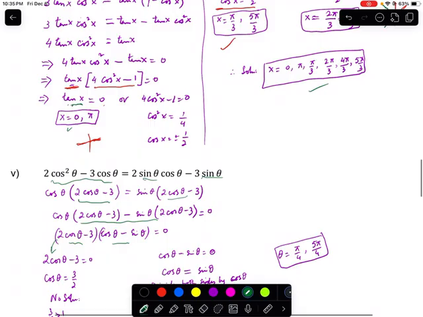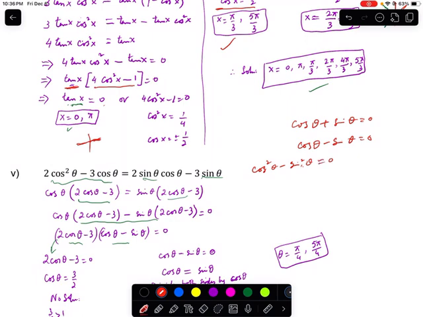And then for the other equation, cosine of theta minus sine of theta equal to 0, how do we solve it? Always remember, this is something to remember whenever you have an equation like cosine square theta minus sine square theta equal to 0.